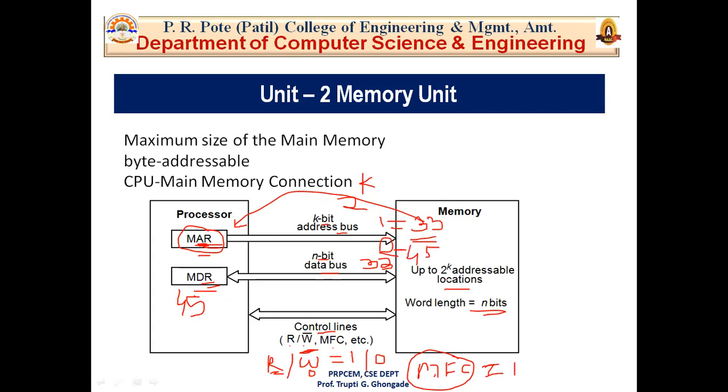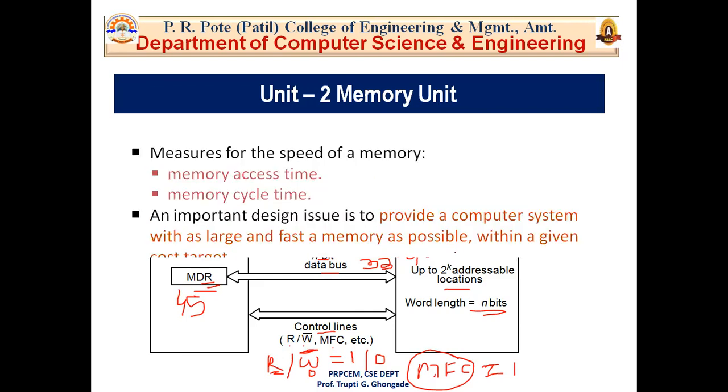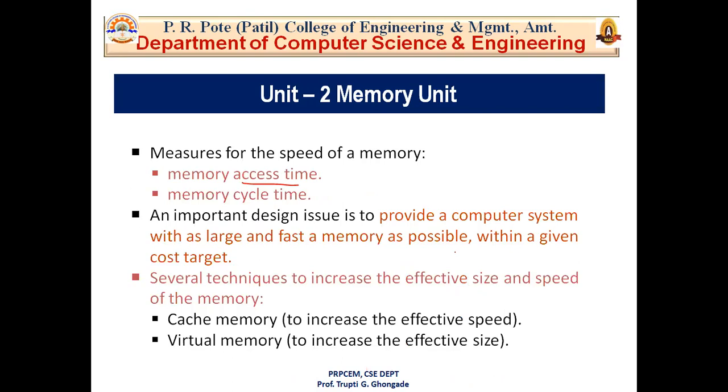The time delay between the completion of the first operation and the completion of the second operation is called memory cycle time. Reading data from memory alone is the memory access time, but the time between the first read operation and the second read operation is called memory cycle time.